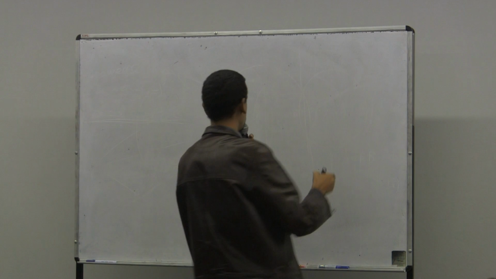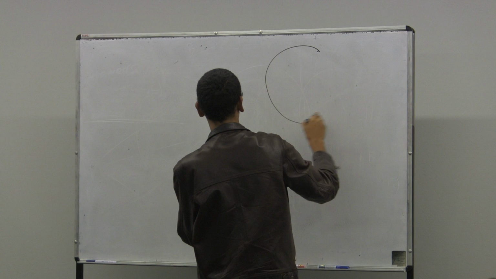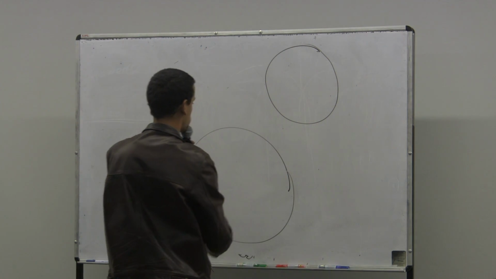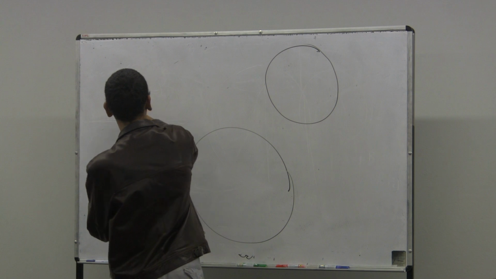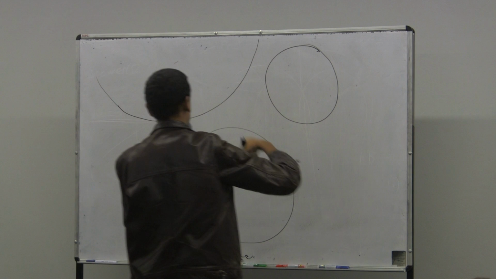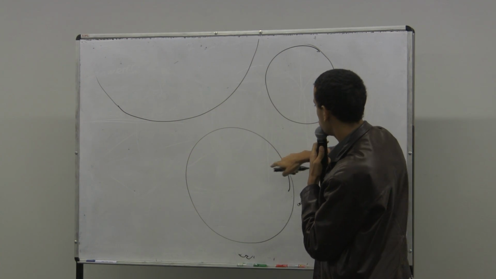Okay, so last cool thing with radical centers and axes. Let's say you've got 3 circles and another one over there. Okay, what is the radical axis of these 2 circles? Where is it?